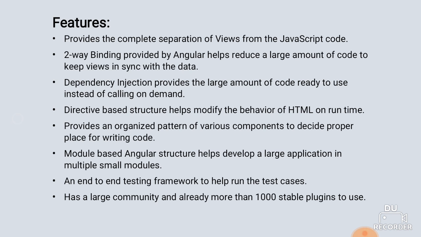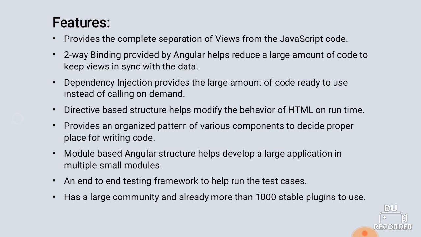So to start with the features of Angular, the first good thing that Angular provides is a separation of your view layer from your JavaScript code. Then there is a concept of two-way binding in Angular that we will see in detail later. Then there is something called dependency injection in Angular, which provides you with a ready-made amount of code to work with, so that you don't have to call every object each time, then instantiate an object, then make a class out of it, make an object out of it, then use it in your application.